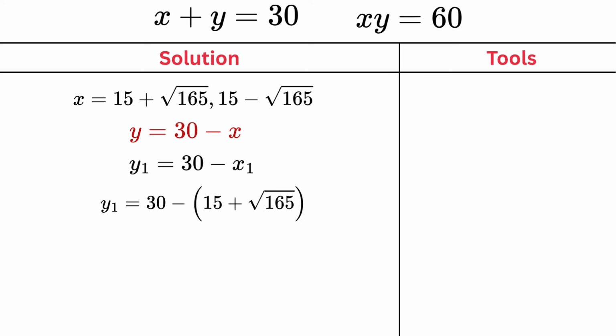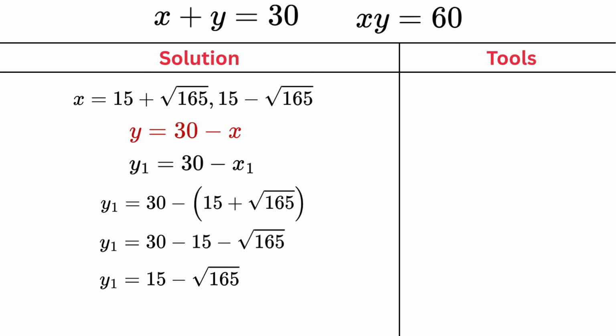When we distribute the negative sign, we get 30 minus 15 minus square root of 165, which becomes 15 minus square root of 165. So the first solution, x1, y1, is equal to 15 plus square root of 165, 15 minus square root of 165.